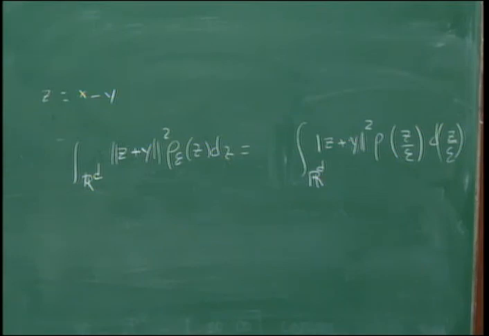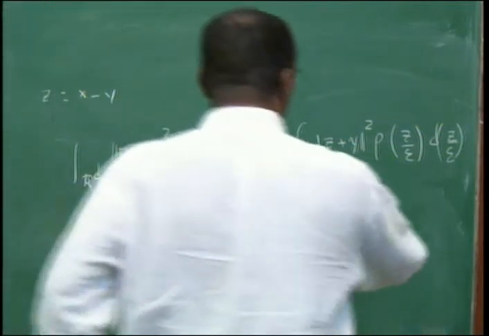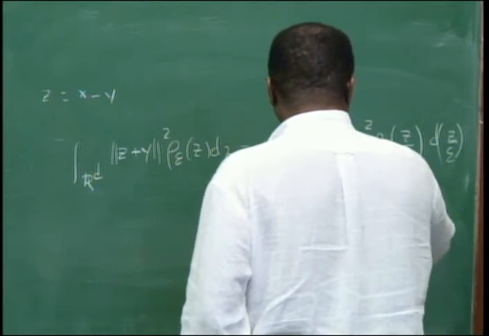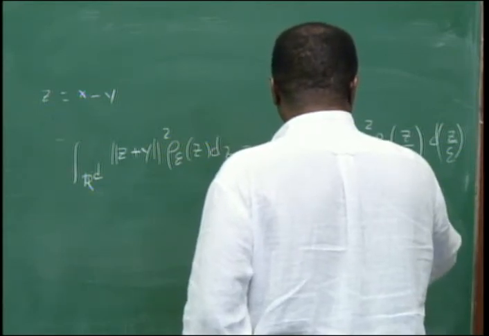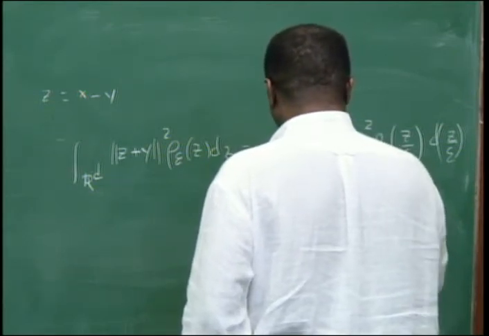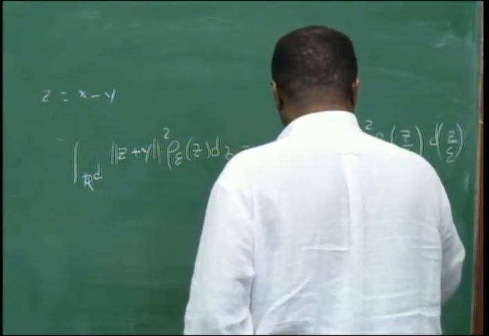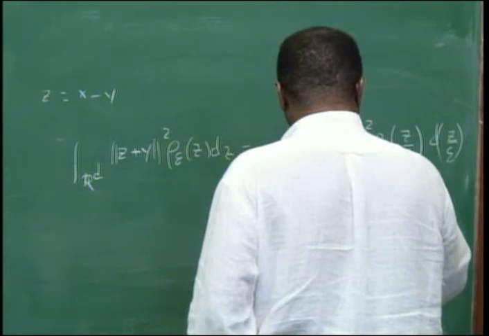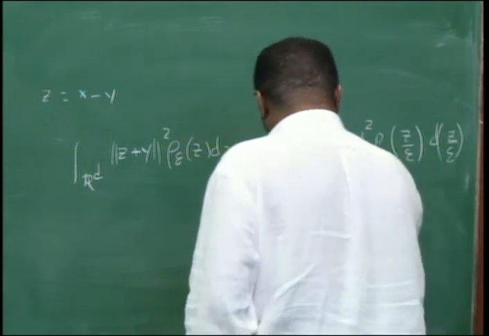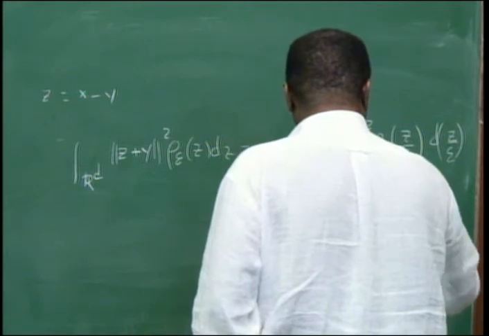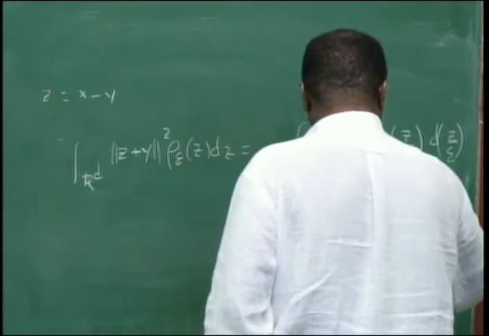I make another change of variable, call this w, which is z over epsilon. So this is the integral over Rd of w plus y, with epsilon w, squared, rho of w dw.